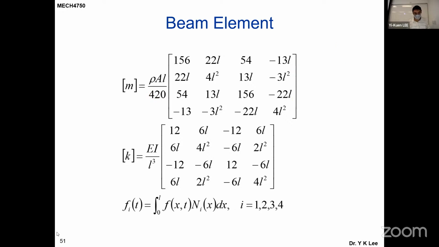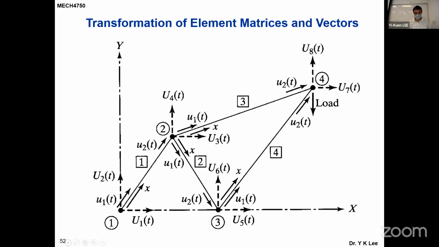Once we have this, the next one is a more complicated 2-dimensional FEM for this truss. So how can we do that? This is more realistic now.